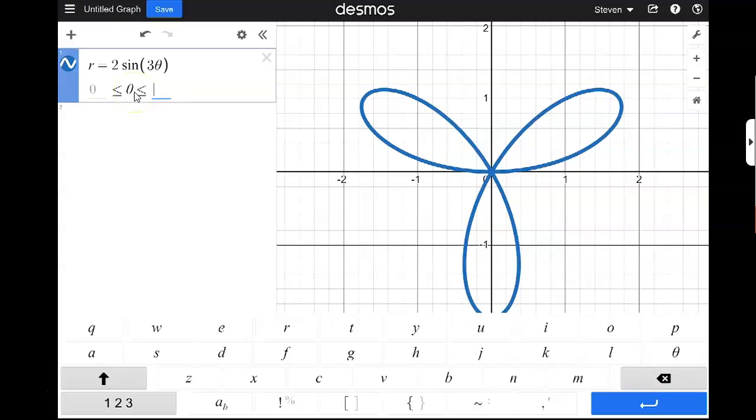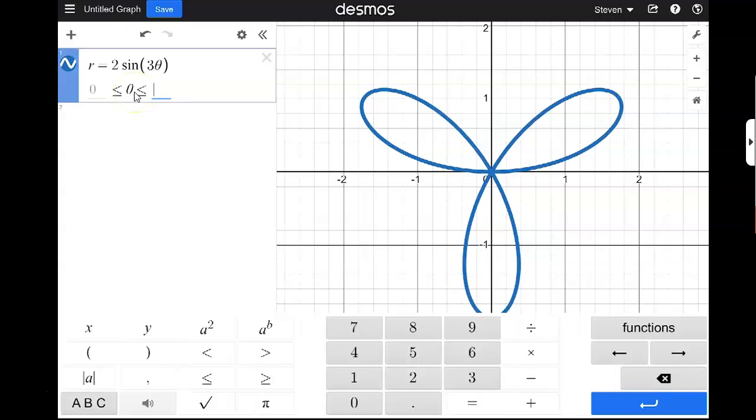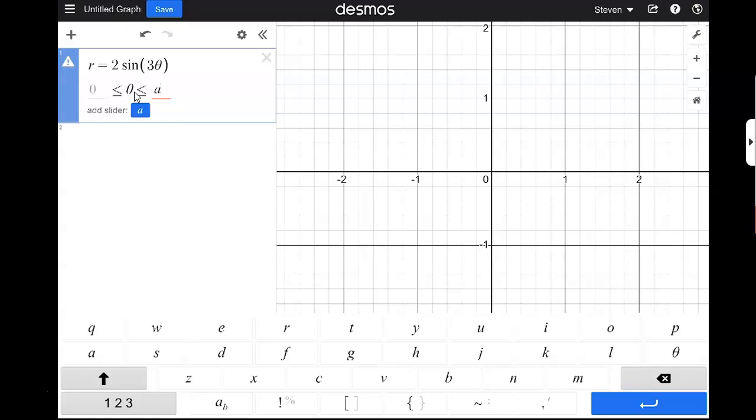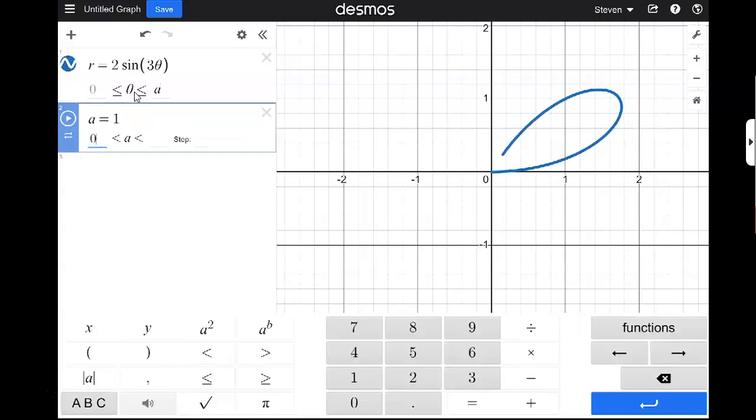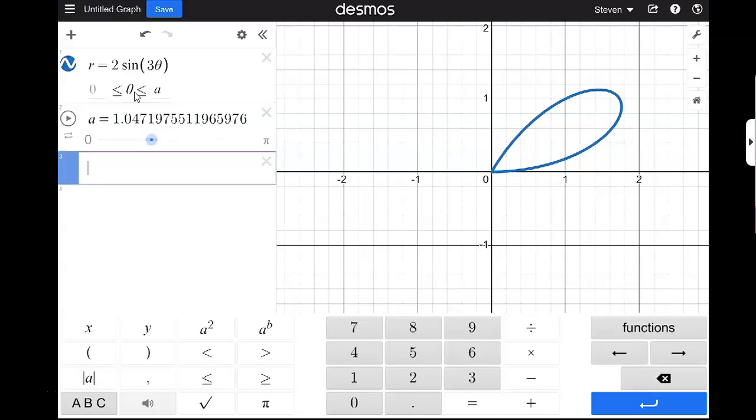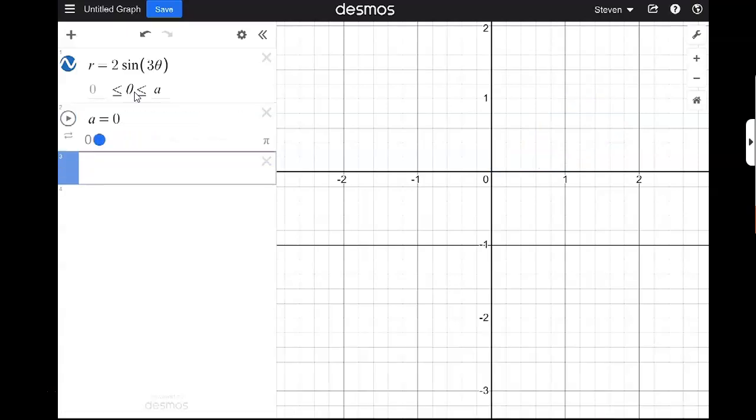So I'm going to put in my little parameter a, add a slider for a, set a between 0 and pi, with an increment of, I typically use pi over 12. That way I can go in pi over 12, that's 15 degrees. So there we are, 15 degrees.